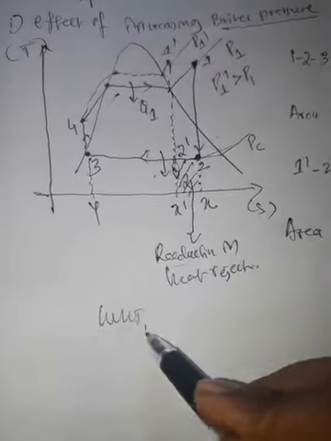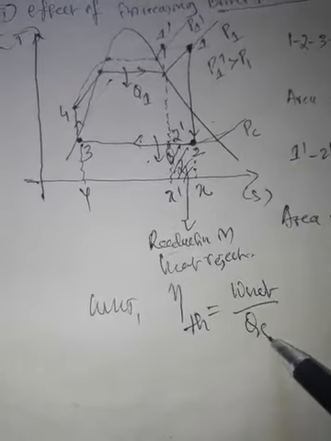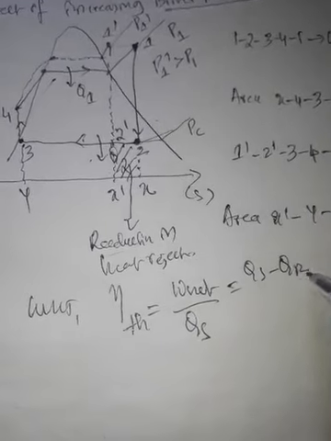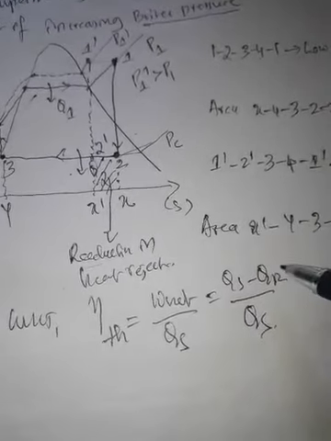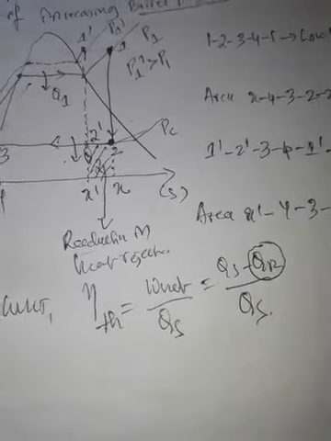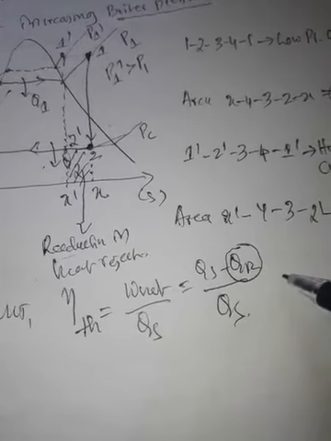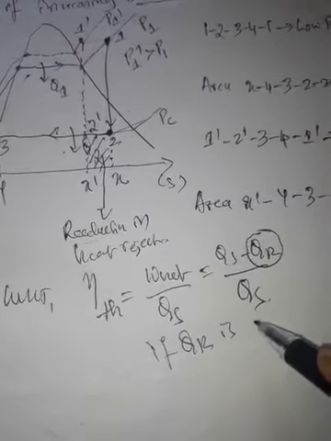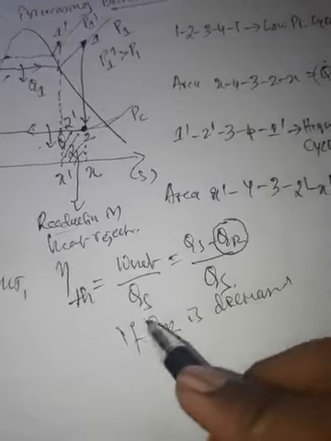We know that thermal efficiency is given by net work upon heat supplied. Net work can also be written as heat supplied minus heat rejected upon heat supplied. Here, as we have saved the heat rejection, means this quantity got decreased, means numerator value increased. So hence, if heat rejection is decreased, what about the thermal efficiency?